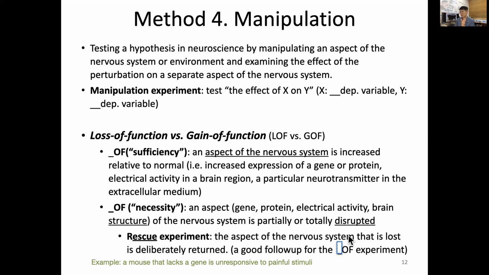So the aspect of the nervous system is lost and deliberately returned, and we see the output is also returned. That's a good follow-up for the initial loss of function experiment. You can see many very good studies actually using this deliberate loss of function and rescue experiment, showing that the particular gene or protein may be very important for this particular outcome.